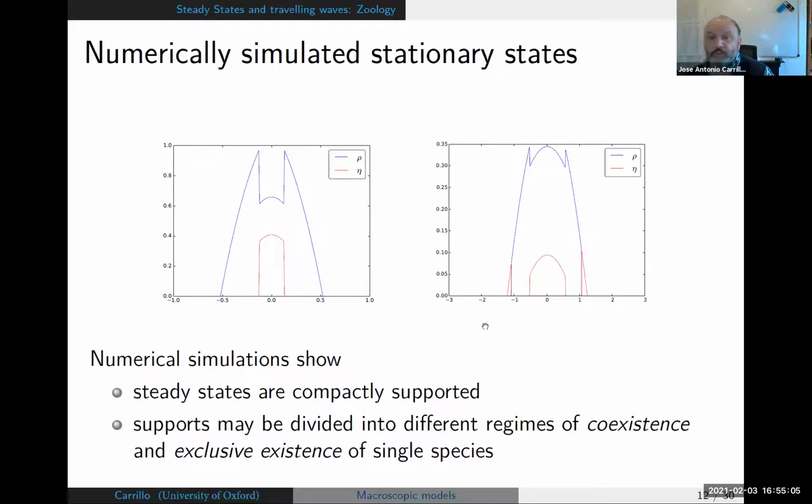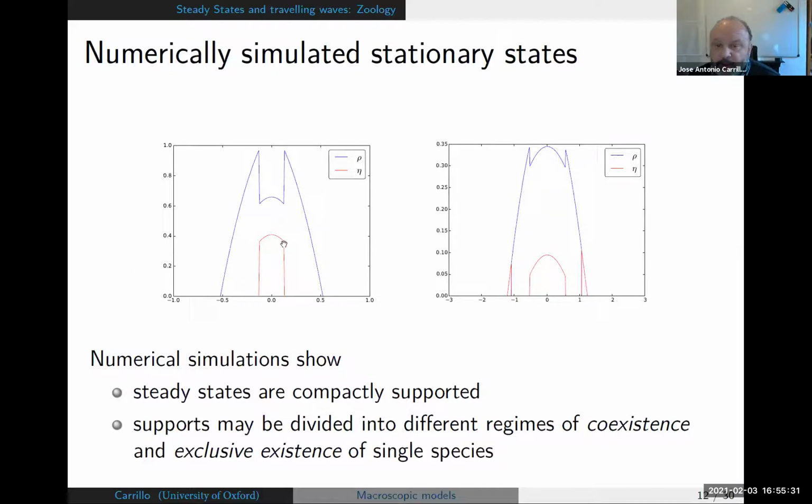So one particular solution that you get is this kind of solution, in which one of the species, let's say the red, gets completely engulfed by the blue. And you see that it has this very sharp interface at the boundary of the support of the red. In fact, it's really sharp. What you have is a jump here, okay?